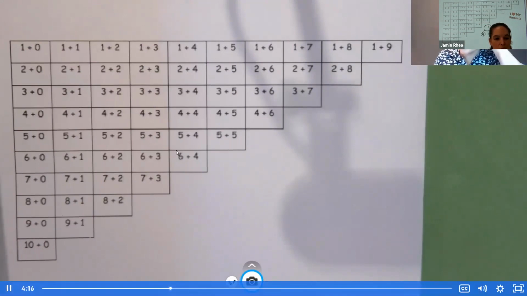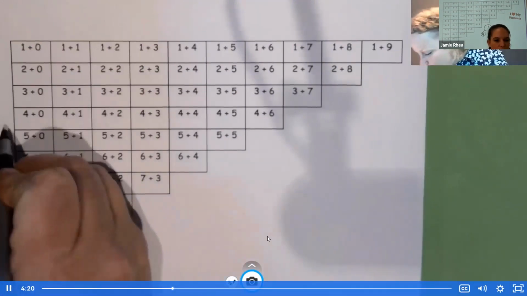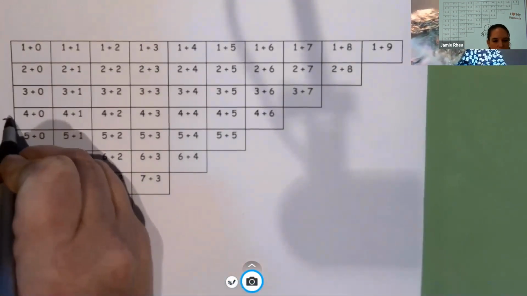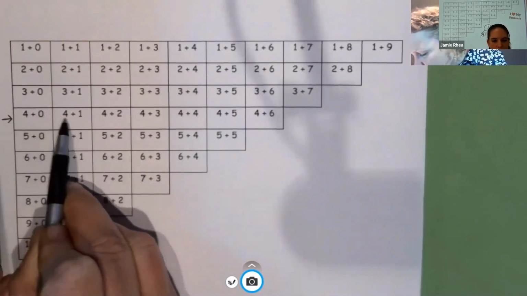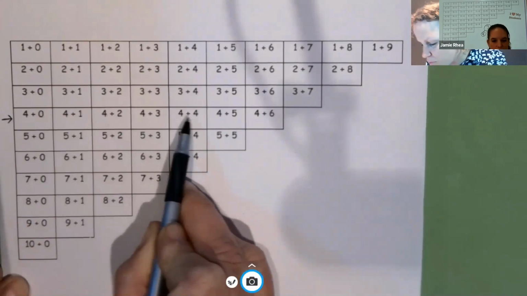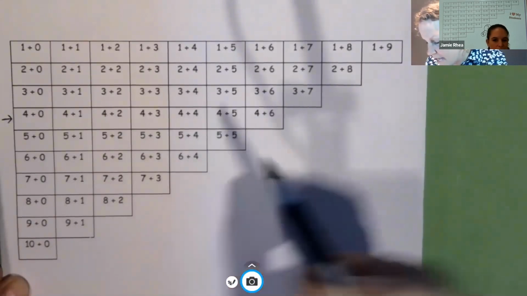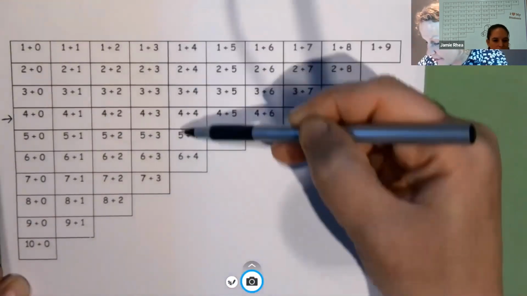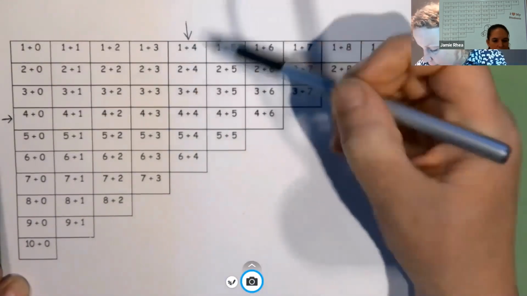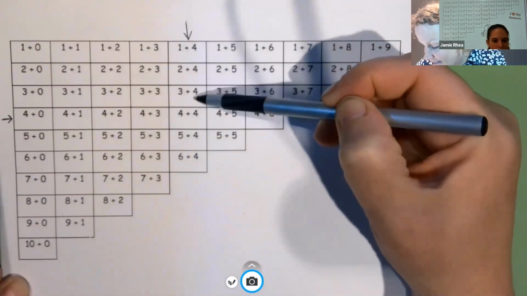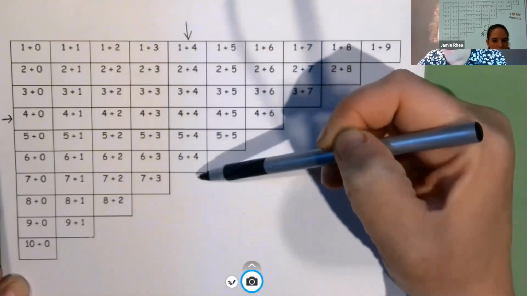I see lots of 4s. I'm going to put a little arrow right here to show that this row here all starts with the part 4. And this column right here, the second addend, or the second part, is 4.